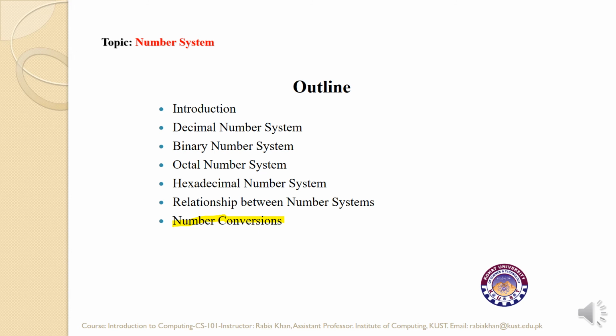And for binary conversions, those include binary to decimal, binary to octal and binary to hexadecimal. So a total of 6 number system conversions have already been completed.